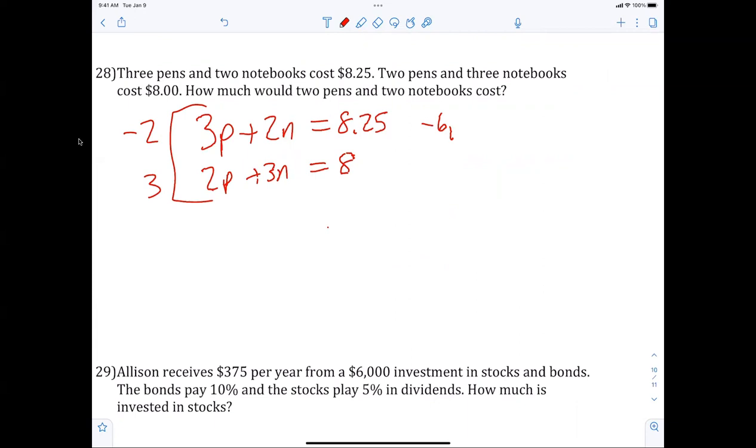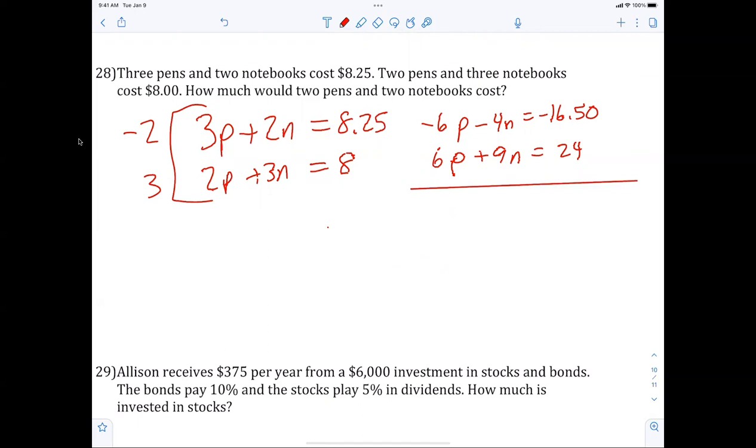I'm listening. 4n equals -16.5. I'm happy with that. We agreeing? All right. So now what do I got?